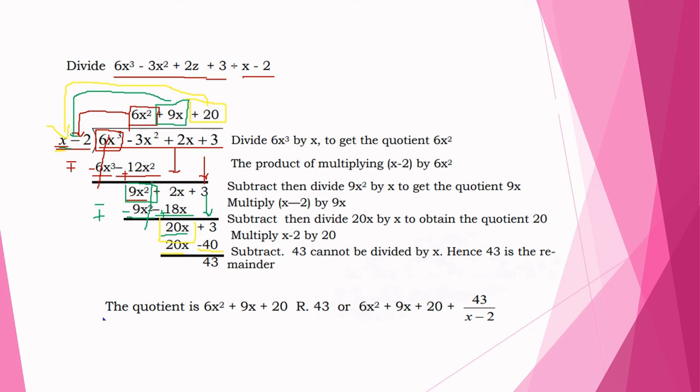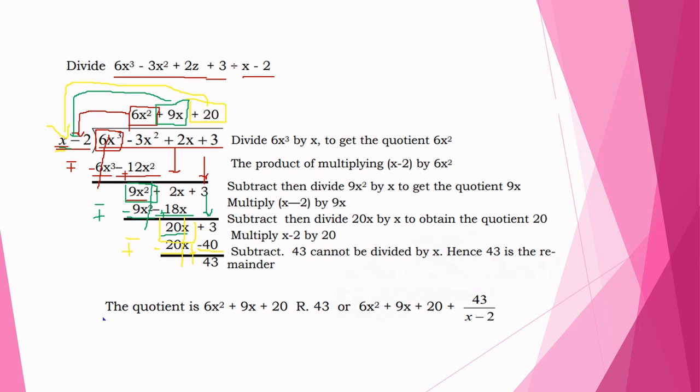And then, subtract. Change the sign of the subtrahend and follow the rules in addition. So, from positive 20, it will become negative 20. And from negative 40, it will become positive 40. Okay? So, 20x minus 20x is 0. Positive 3 plus positive 40, like sign.